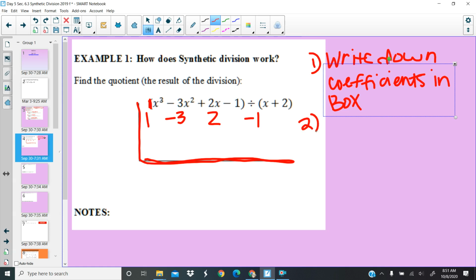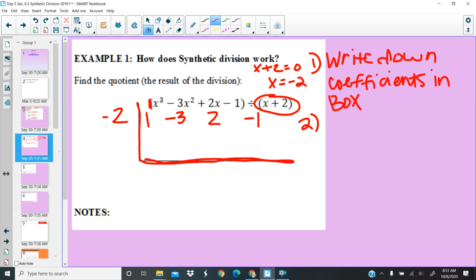The second step is to set our factor, x plus 2, equal to 0, and whatever number you get is the number that goes on the outside of the box. If we set x plus 2 equal to 0, you subtract 2 on both sides to solve for x, and you get x equals negative 2. That number goes here on the outside of the box.